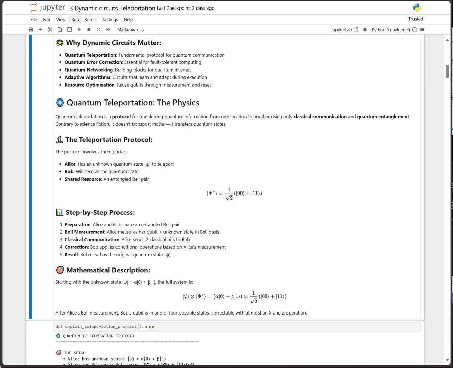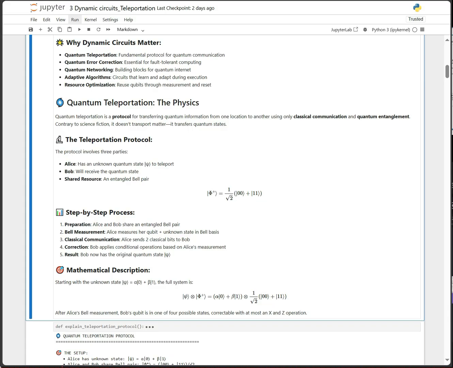The key idea is that you're going to have two sides of the protocol, which are usually known as Alice and Bob. Alice and Bob share two qubits, which are entangled, and by measuring and creating a classical channel, Alice can communicate to Bob information about the qubit that he has without measuring it, because we can measure Alice's qubit, and with Alice's qubit we're going to get information about Bob's qubit even if he hasn't measured it.